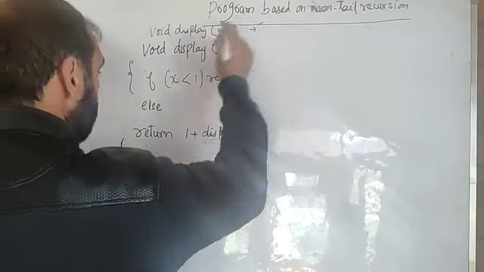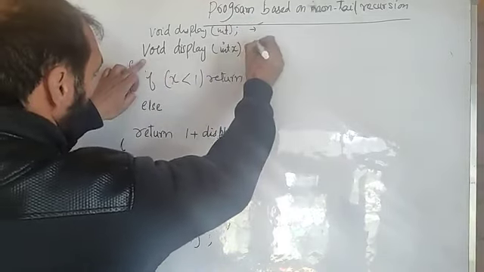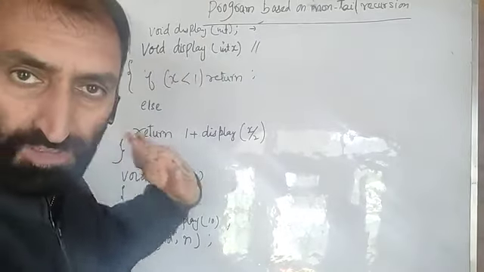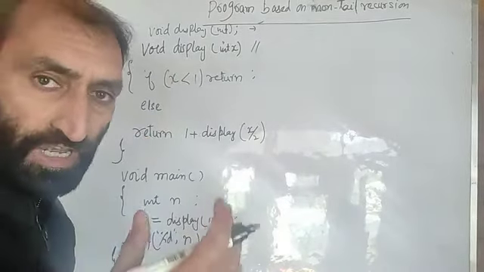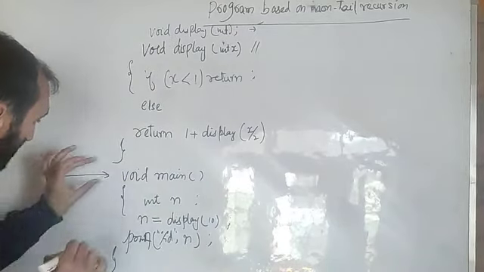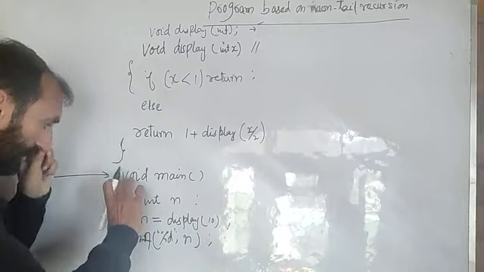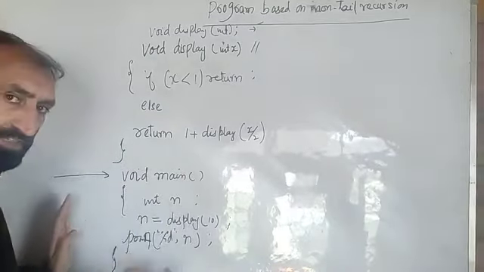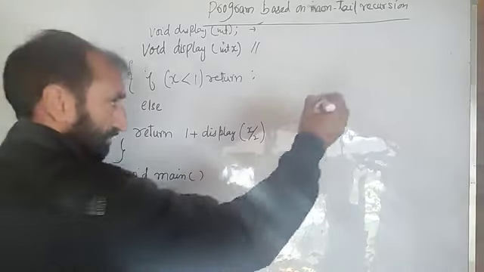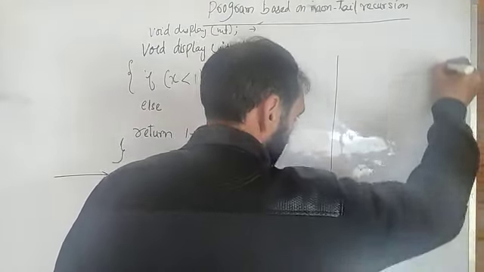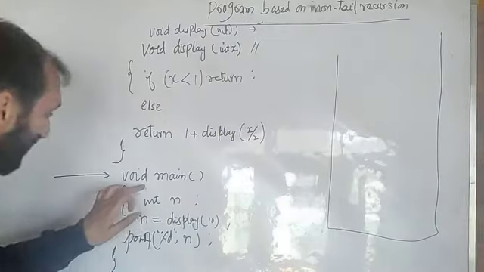This is the display function, display int x. We know that the execution of the program starts from the main function. Obviously, the execution will start from this point. When execution starts, a stack memory, the activation record, will be allocated for this main function.